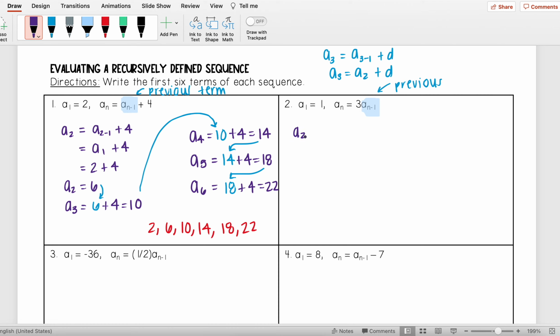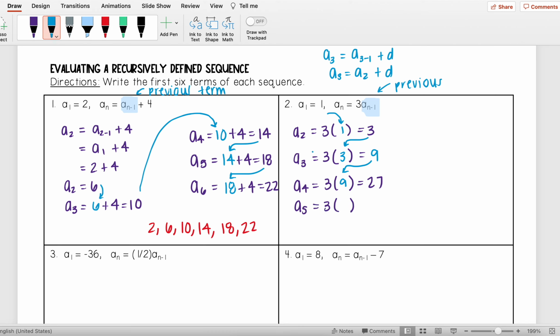So that means that a2 is going to equal 3 times my previous term, which I have as 1, which is equal to 3. a3, my third term, is going to equal 3 times my previous term, which is 3, and I get 9. a4 is going to equal 3 times my previous term, which is 9, and I get 27. a5 is going to equal 3 times my previous term, which is 27, and I get 81.